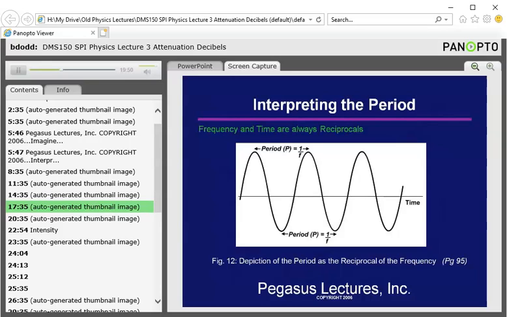Very good. Real simple. So if we cut it in half, we lose 3 decibels. If we cut it to a tenth, we lose 10 decibels. If we cut it to a hundredth, we lose 20 decibels. If we cut it to a thousandth, we lose 30 decibels. That's how that works.